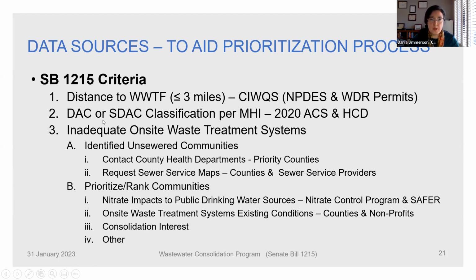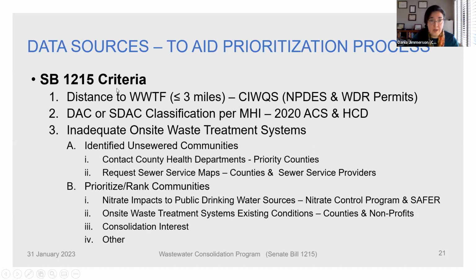The second part is the disadvantaged community status, which is always available within the latest American Community Survey database, and the California Department of Housing and Community Development also has some information regarding that.